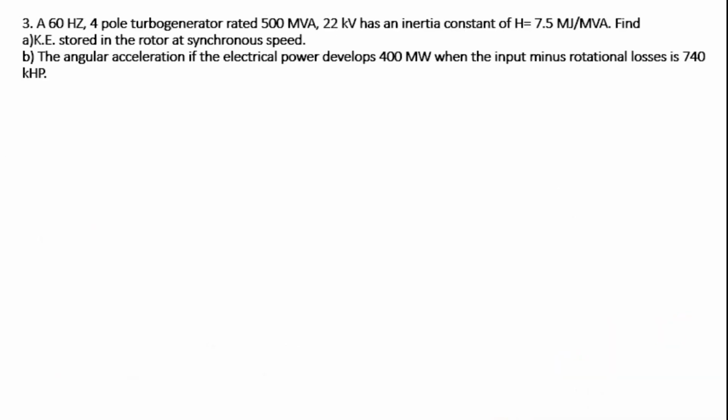Consider the next numerical: a 60 Hz 4-pole turbo generator rated 500 MVA, 22 kV, has an inertia constant of H equal to 7.5 megajoule per MVA. Find first the kinetic energy stored in the rotor at synchronous speed.